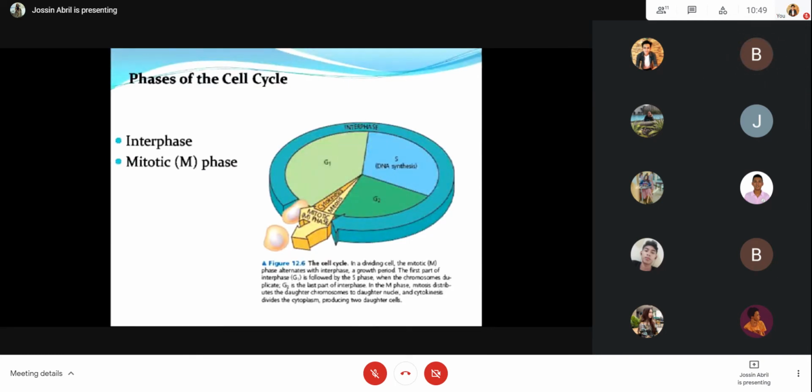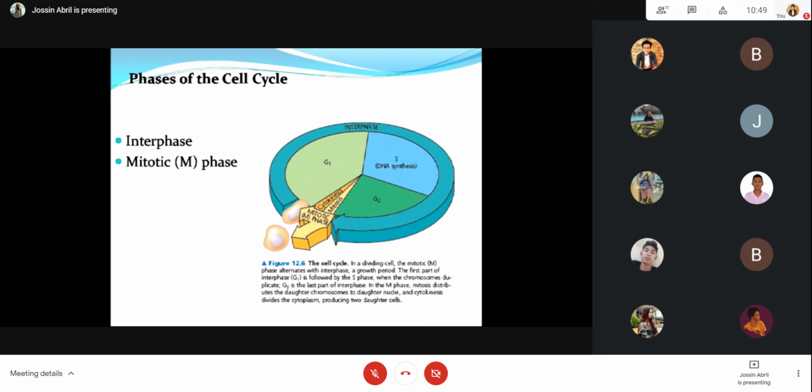In the S phase or the synthesis phase, the cell synthesizes a complete copy of the DNA in its nucleus. It also duplicates a microtubule organizing structure called the centrosome. The centrosomes help separate DNA during M phase. This organelle, the centrosome, is only present in animal cells, not in plant cells.